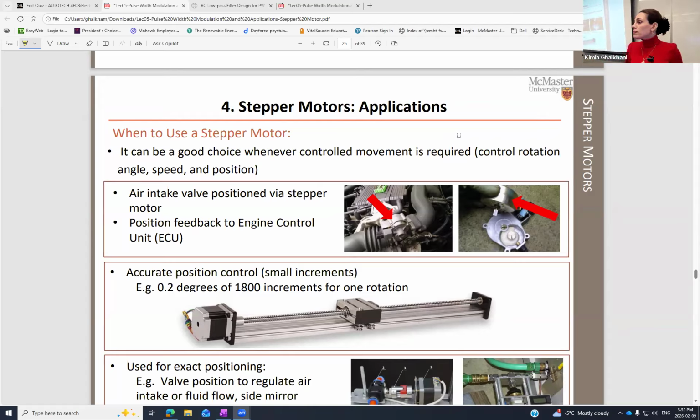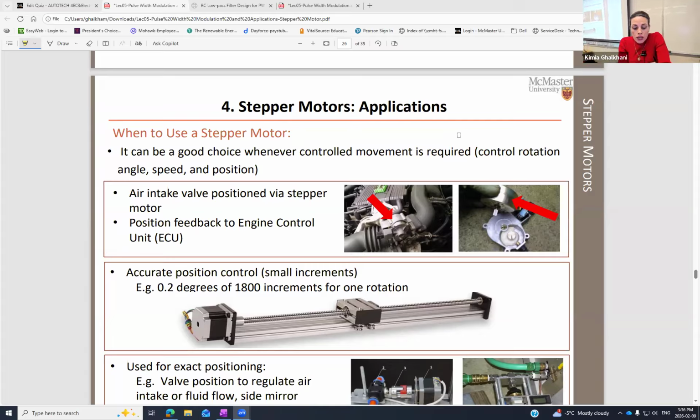Again, stepper motor is a brushless DC motor. That's the only difference in here. And then we are going to look at the rotation and divide the rotation into multiple equal steps. That's the only difference between a stepper motor and DC motor.